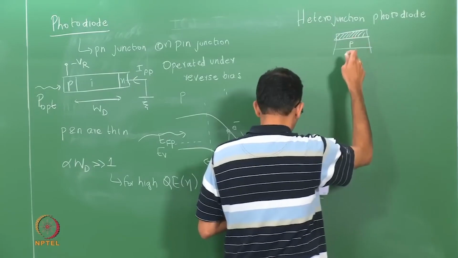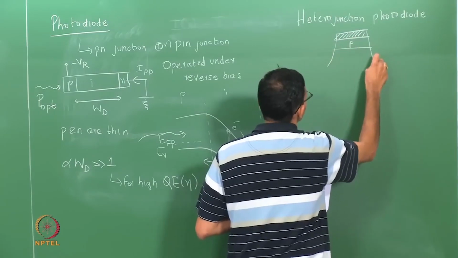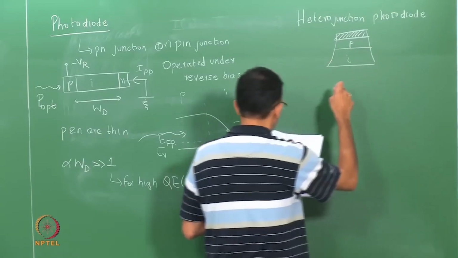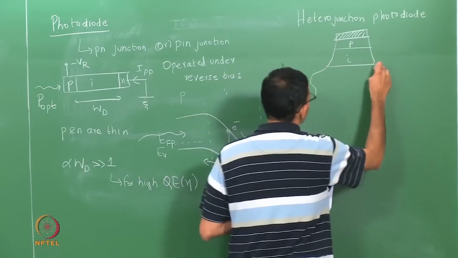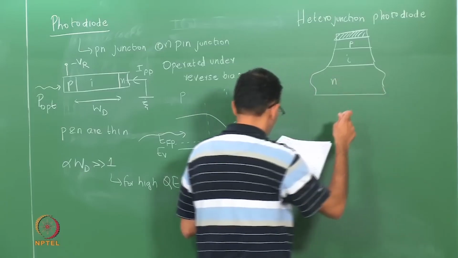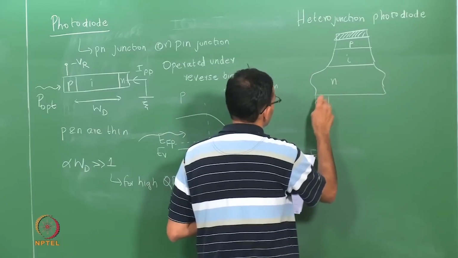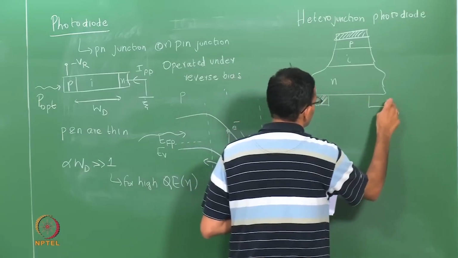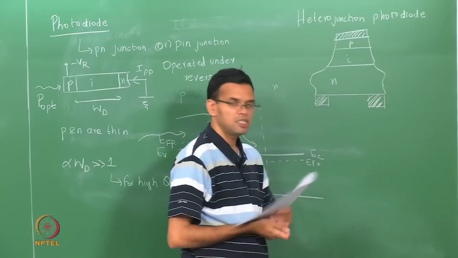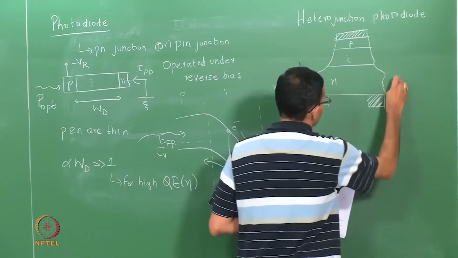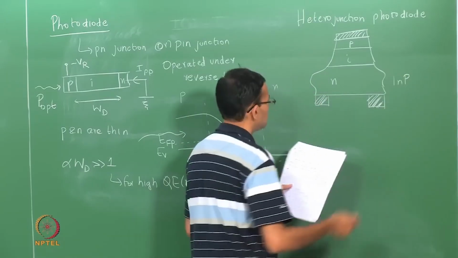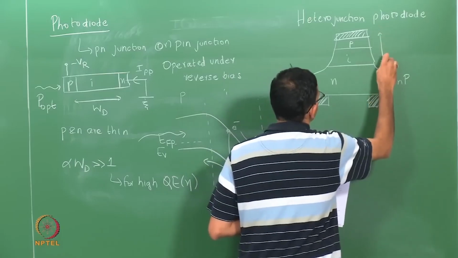It is my P region, that is the intrinsic region. Then I have the N region. So, my N region is made of indium phosphide, and my P and the intrinsic regions are made of indium gallium arsenide.